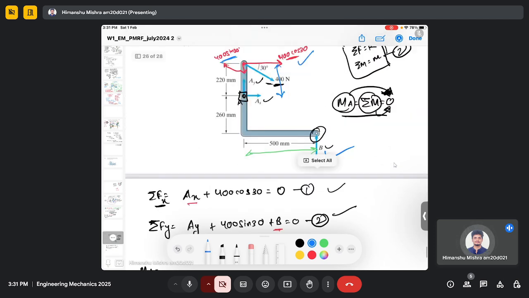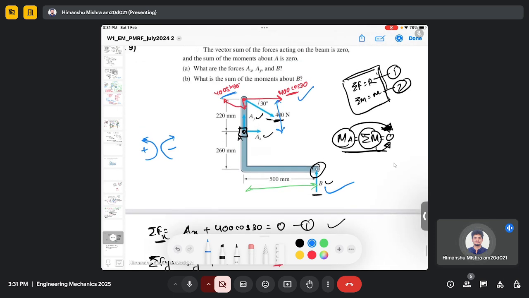And for the sign convention, let me fix counterclockwise as positive and clockwise as negative. So B will rotate in the counterclockwise direction about point A, so the moment due to force B will be positive, and this 400 cos 30 will rotate in the clockwise direction about point A, so the moment due to 400 cos 30 will be negative.